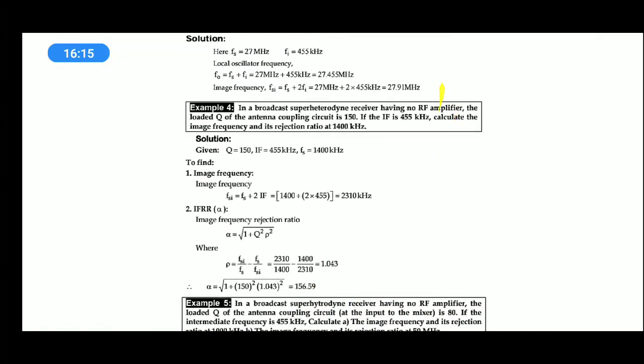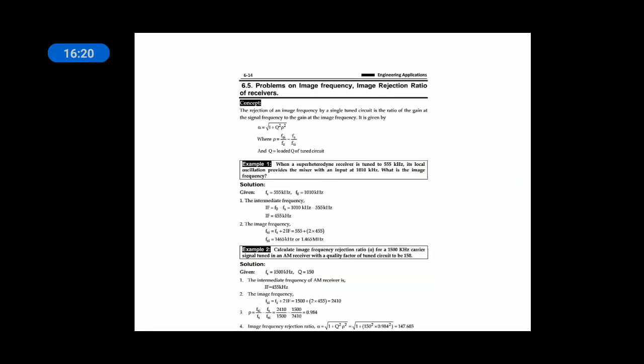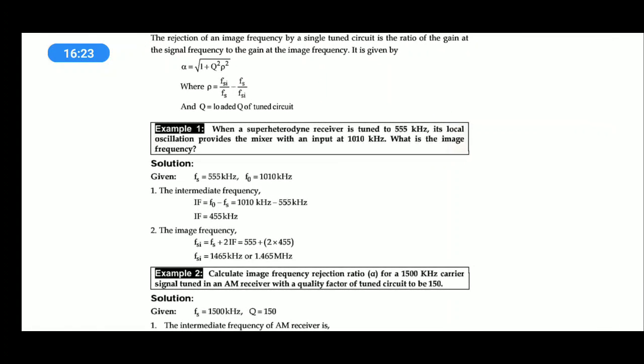Example 2: calculate the image frequency rejection ratio alpha for a 1500 kHz carrier tuned in an AM receiver with a quality factor of tuned circuit of 150.